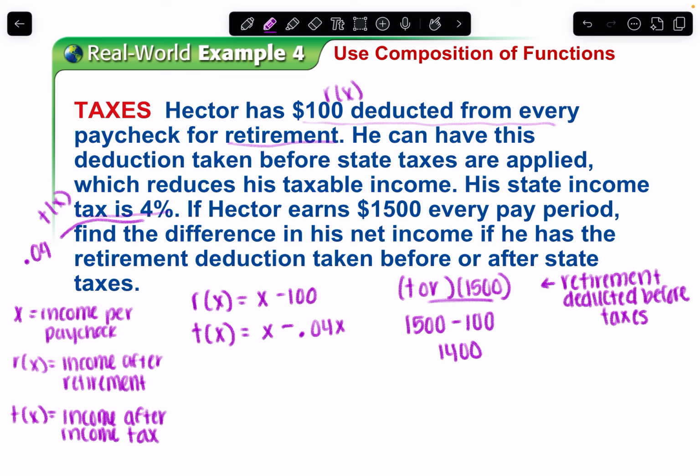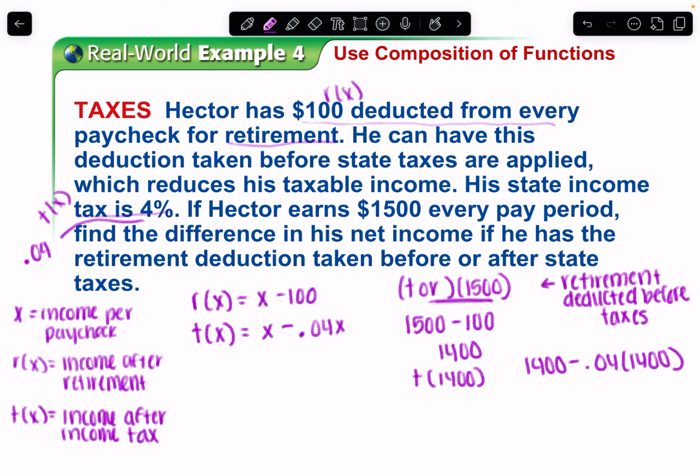Now that I found R of 1,500, I'm looking at T of $1,400. I'm plugging the $1,400 into my T function, so I have $1,400 minus 0.04 times 1,400.